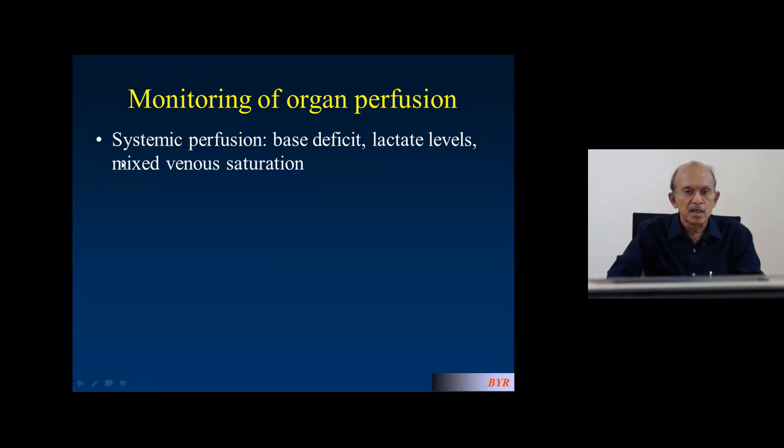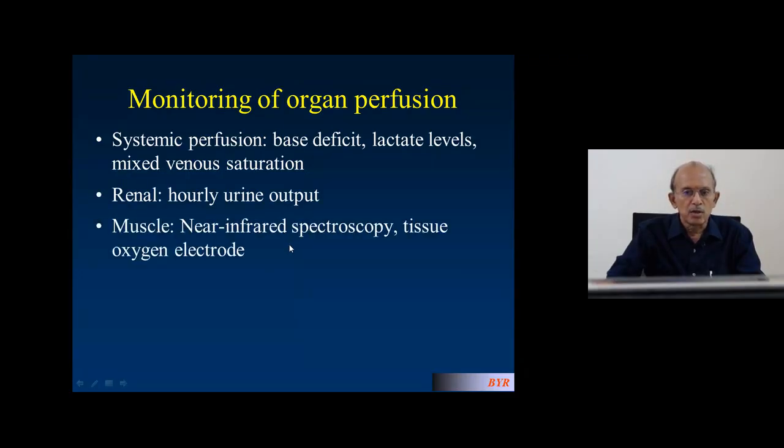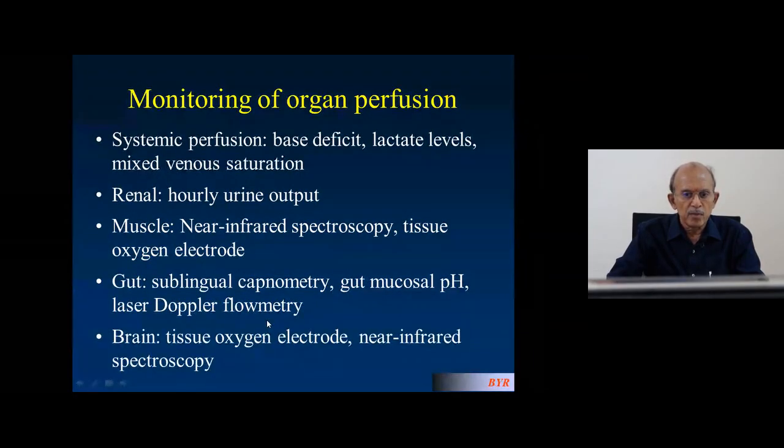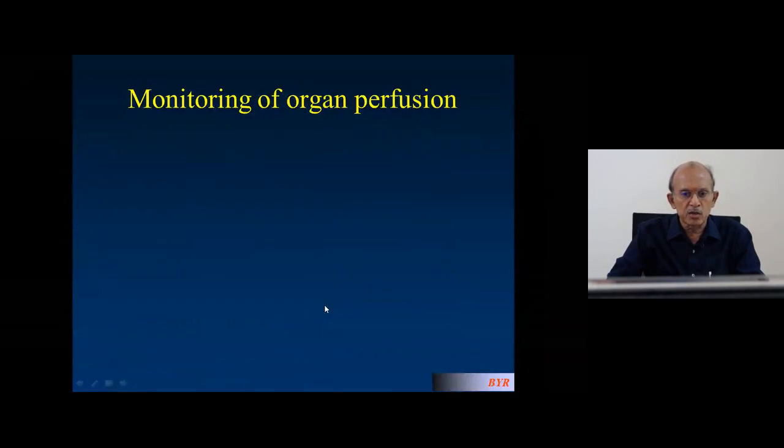We already discussed this. Others include urinary output, muscle near infrared spectroscopy, tissue oxygen electrode, gut sublingual capnometry, gut mucosal pH, laser Doppler flowmetry, brain tissue oxygen electrode, and near infrared spectroscopy. These are all only experimental and more advanced techniques. You need not bother to know them.